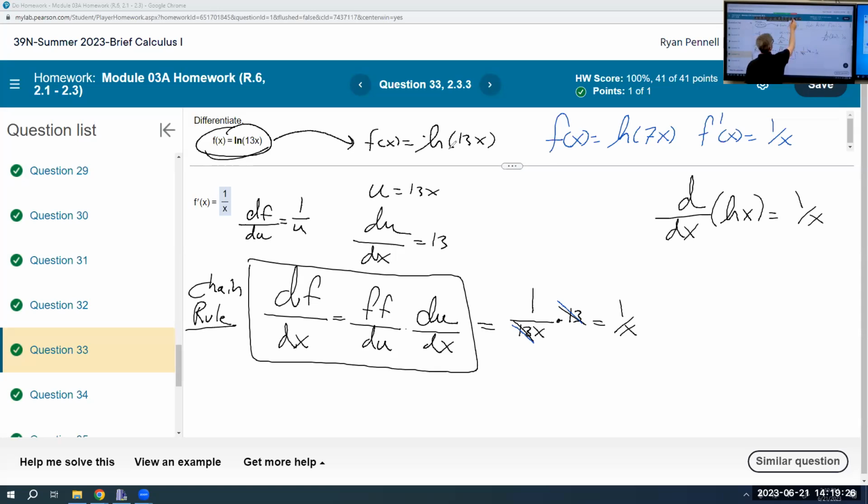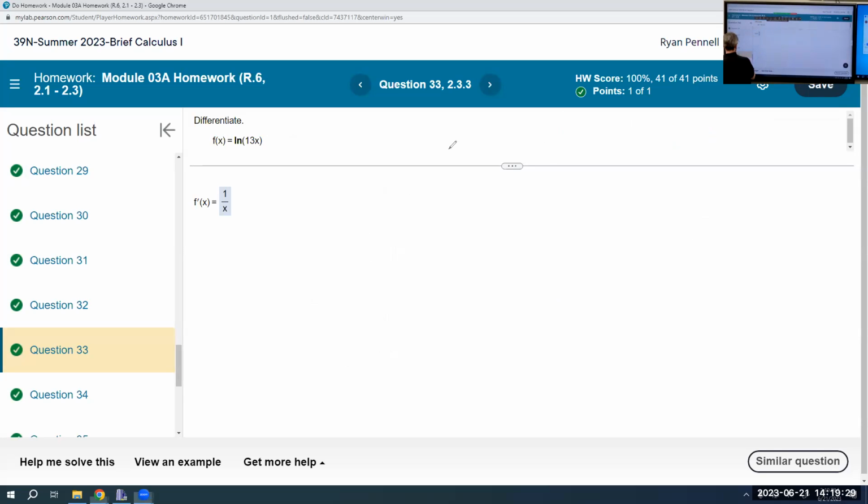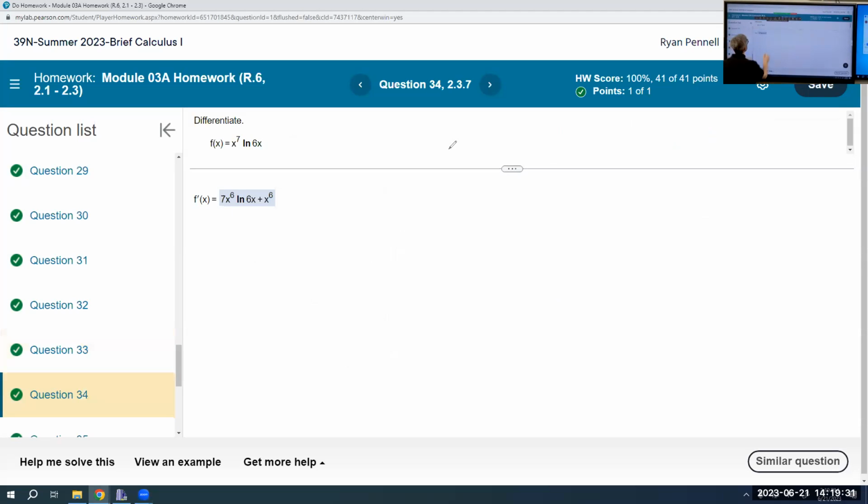I still have more problems I want to go over. All right, you guessed it. I think we're going to have to call this product. What if y equals x to the 7th times ln 6x? Well, we just played with ln with an argument inside, so we kind of know how that works. What if this is f? What if this is g?